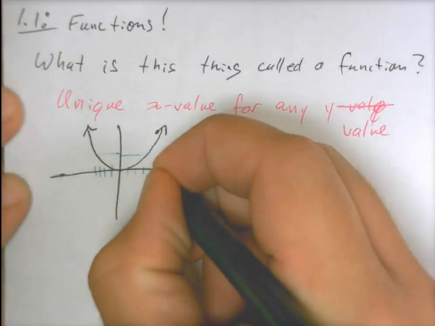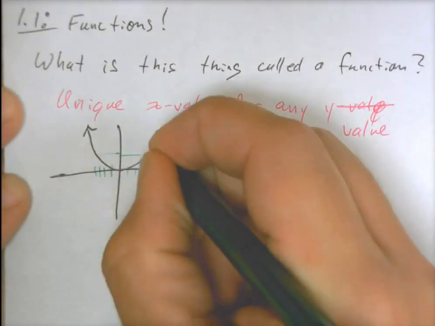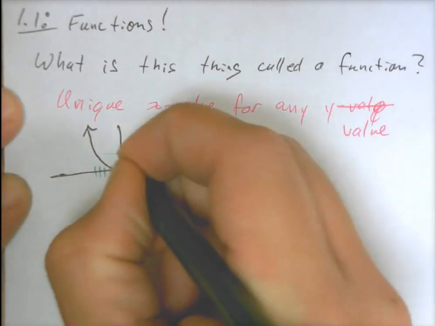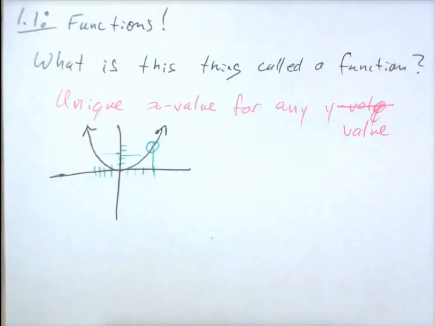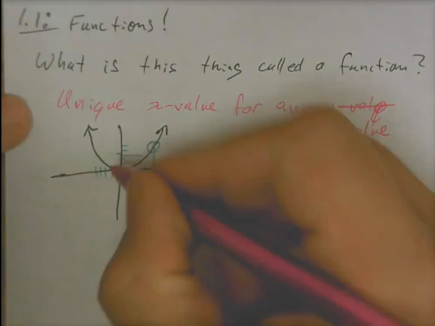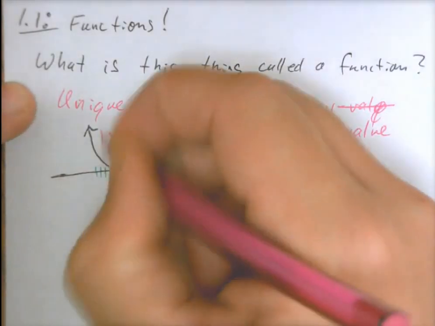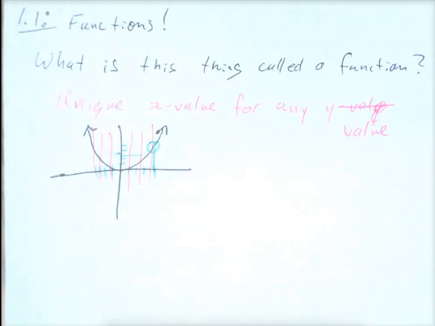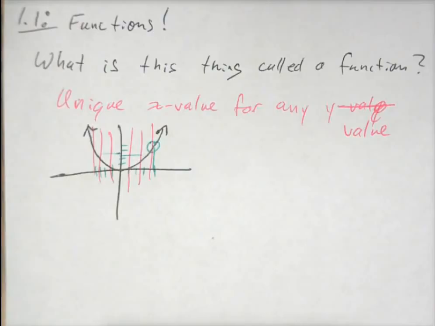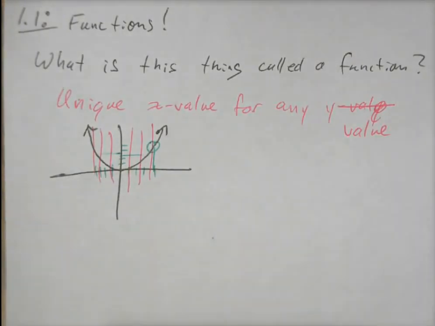So say the x value is 4, I have the y value, say 1, 2, 3, 4 for that. Also, we have something that we call a vertical line test. If you run a vertical line anywhere on your graph, it only hits one point at any given time. Cool, so that is what a function is.